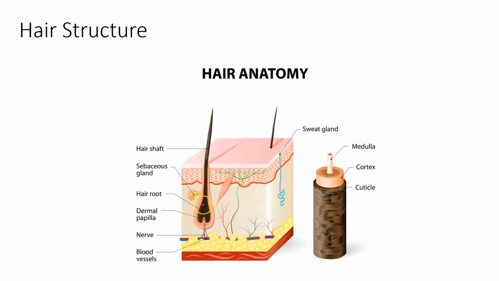Now this follicle obviously still has this sebaceous gland. This is basically an oil gland, and that helps to lubricate the hair as it protrudes from the body. It also helps seal up this gap.